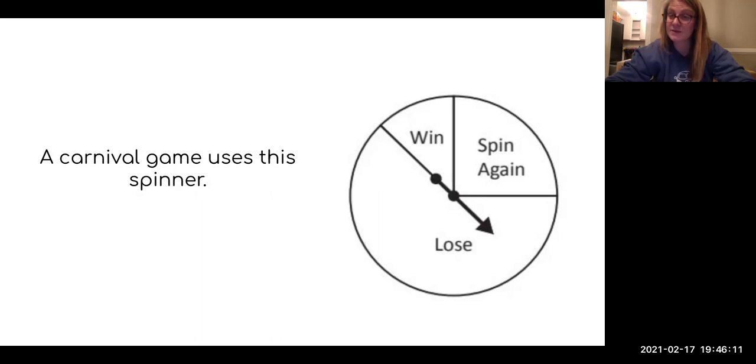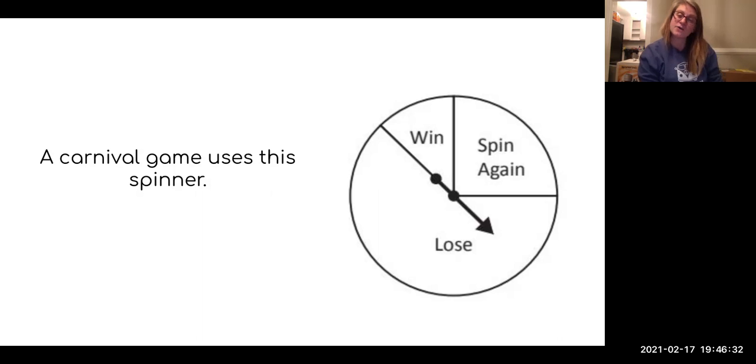We can see that lose is most likely because it takes up the most space on our spinner. Which outcome is least likely? The least likely outcome would be spinning win because it takes up the smallest amount of space.